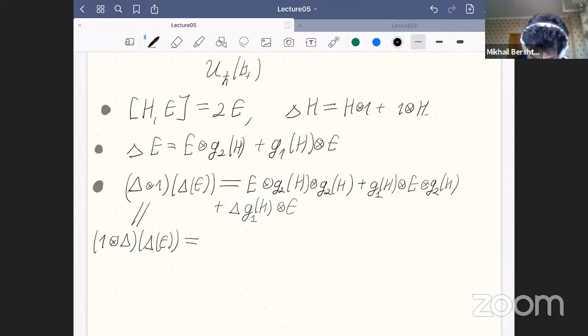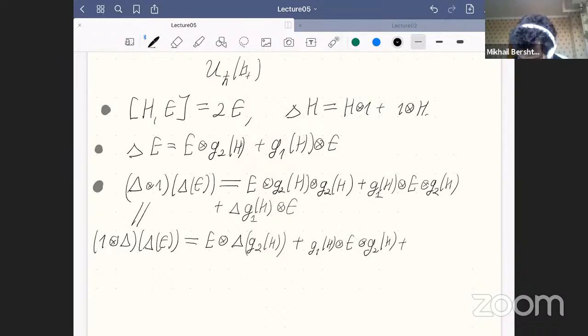We get E times delta of G2 of H, plus G1 of H times E times G2 of H, plus G1 of H times G1 of H times E. Okay, we need to have equality.